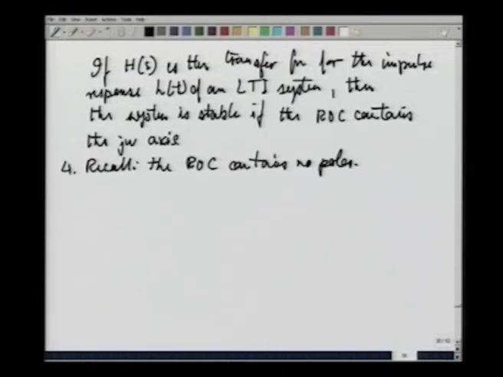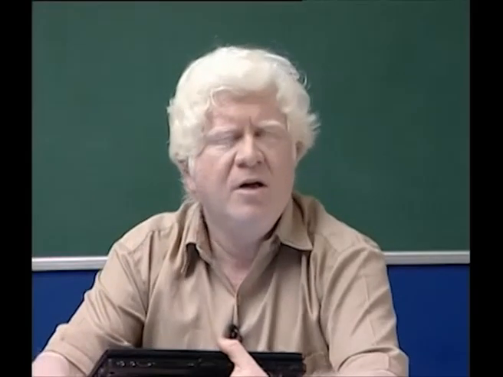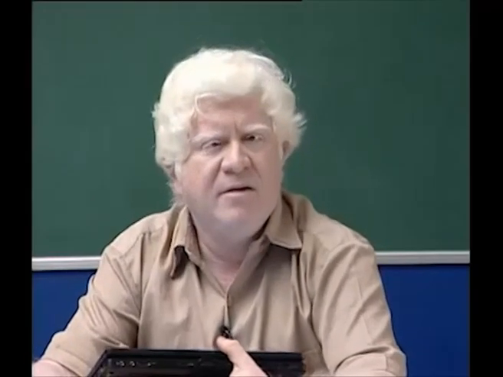Right. Now, there are only a few possibilities for the ROC. The ROC we found can either be leftward, or it can be rightward, or it can be everywhere on the S plane, or it can be in the form of a narrow patch. These are the only 4 things that can result by intersections of elementary ROCs.